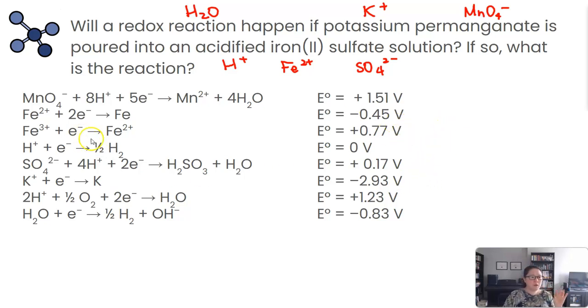Now, you do want to look at all of the reactions, whether you have these particular species on the left or on the right, because you can't just have all the reductions. Something's going to have to be oxidized in a redox reaction. So you have to look at both cases. The only place that you have permanganate is this reaction, and we can see that permanganate is on the left.